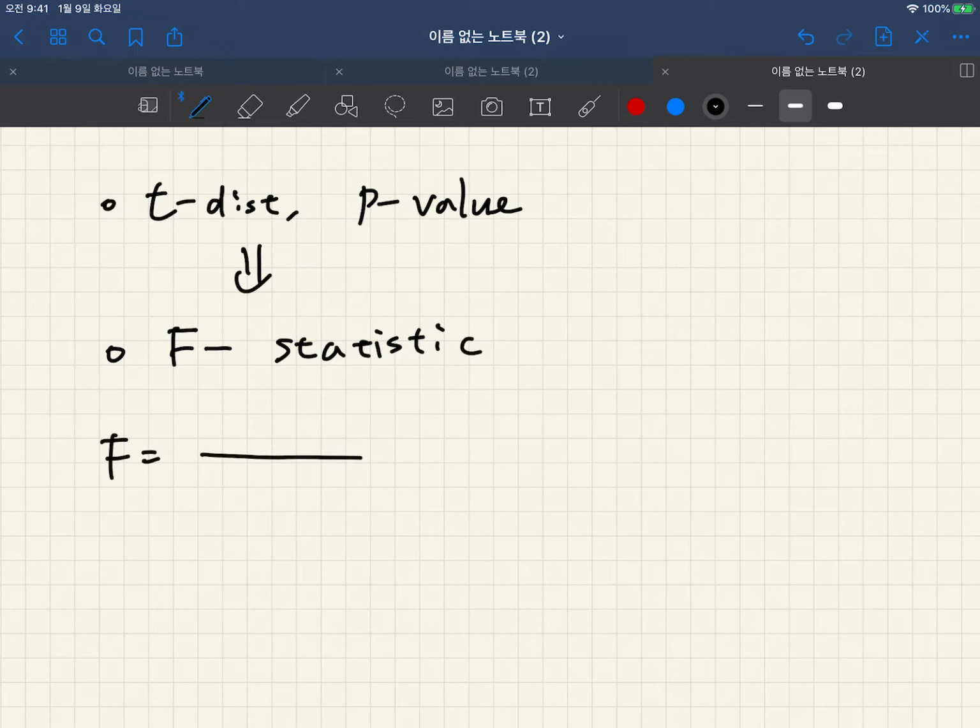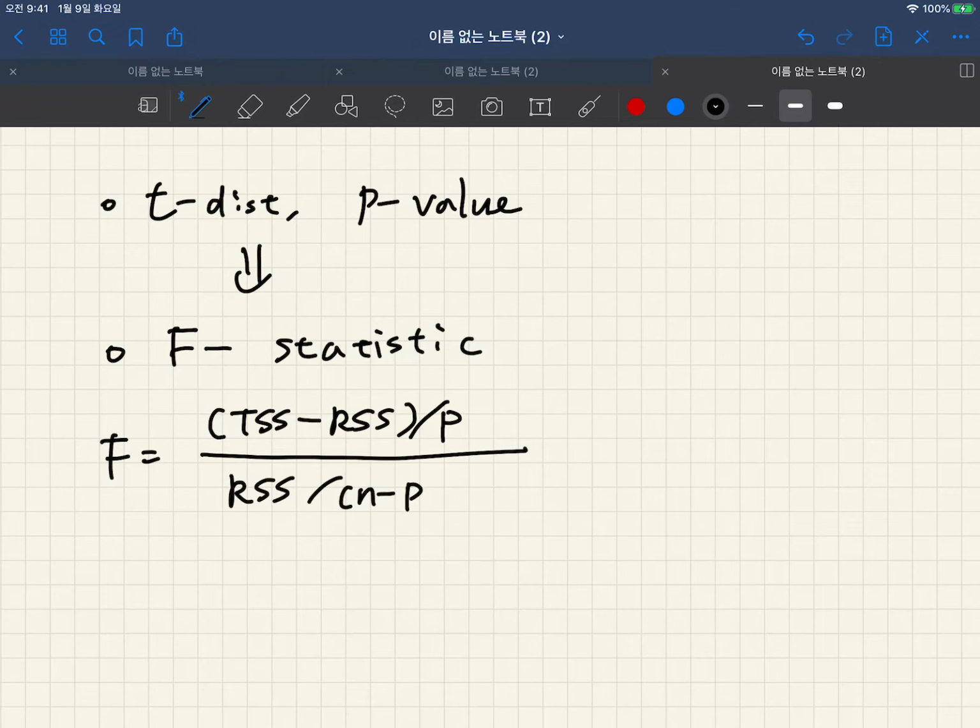The definition of the F statistic is: total sum of squares minus residual sum of squares over p, and residual sum of squares over n minus p minus 1. This is the very well-known ANOVA technique, analysis of variance.